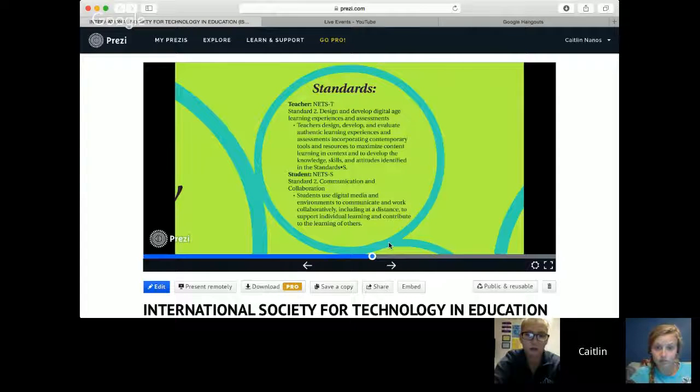And for the second student standard, we have communication and collaboration. Students will use digital media and environments to communicate and work collaboratively, including at a distance, to support individual learning and contribute to the learning of others. This helps them develop cultural understanding.